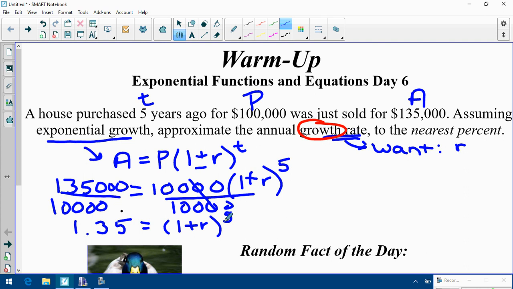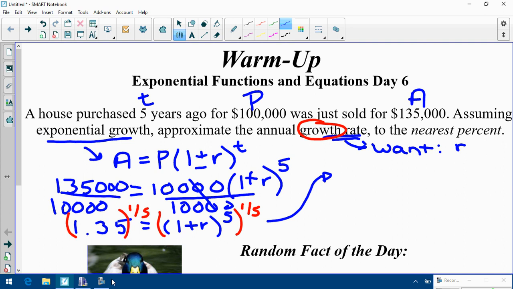Now, to get at that R, I've got to get rid of that exponent of 5. How could I do that? Well, we've got a couple options. I could either take the 5th root, or I could raise both sides to the 1/5 power. Whichever you'd rather do, I think it's a little easier just to raise it to the 1/5 power, but taking the 5th root's just as good.